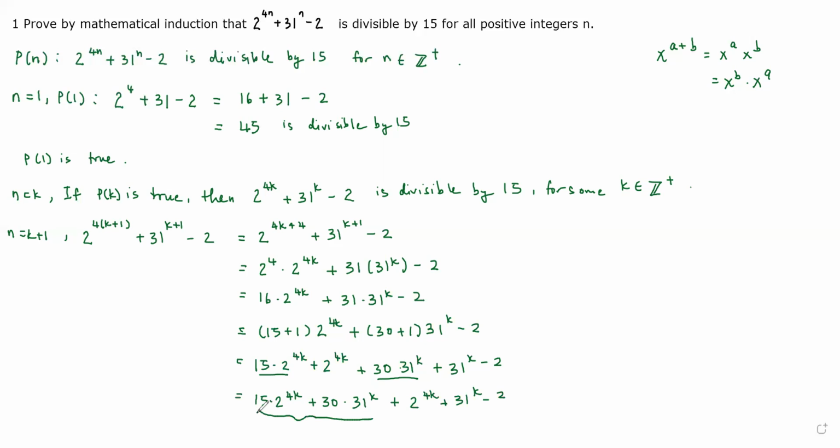These two are multiples of 15. You have 15 and 30 here. This is divisible by 15, clearly. And this is also divisible by 15 from our assumption that the proposition is true when n is k.